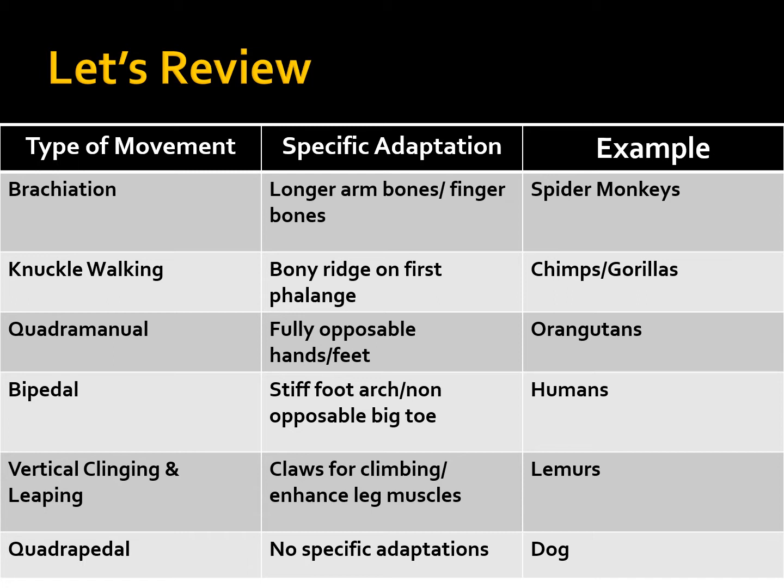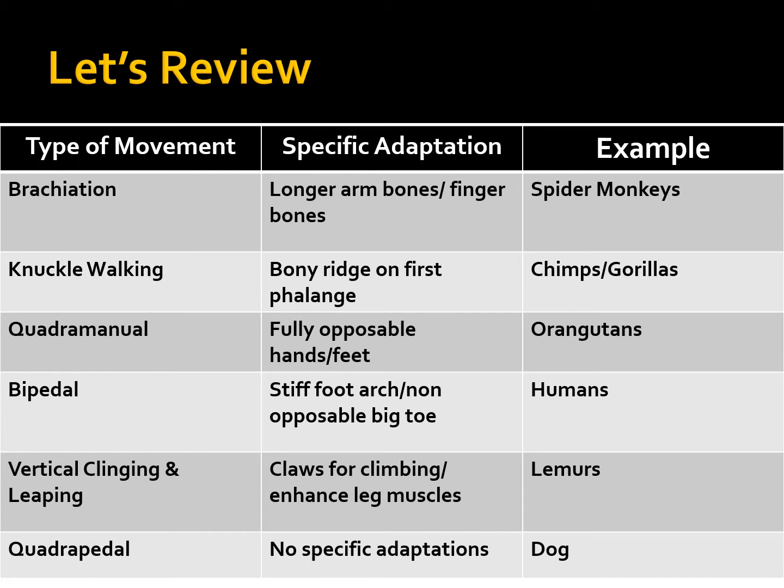For quadrimanual, we see fully opposable hands and feet. For bipedalism, we see a stiff foot arch and a non-opposable big toe, and we'll talk about this much more in later lectures. For vertical clinging and leaping, we have claws for climbing and enhanced leg muscles for leaping. For quadrupedal, we don't have any real specific adaptations.